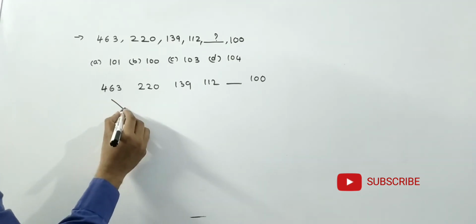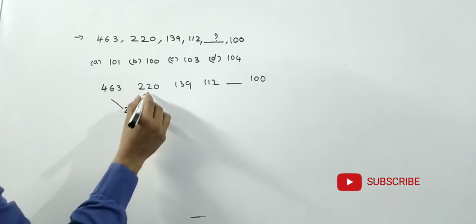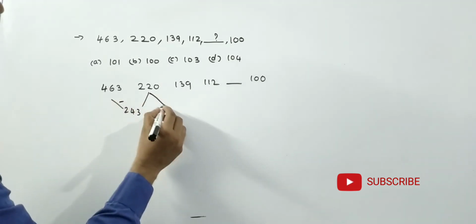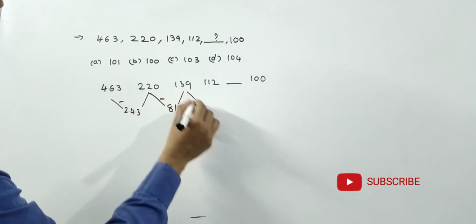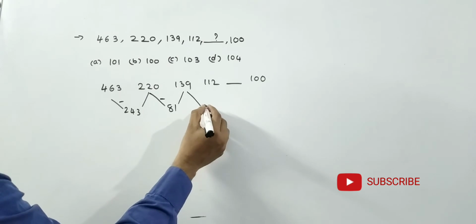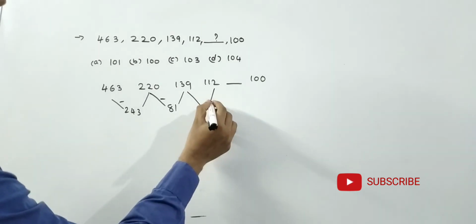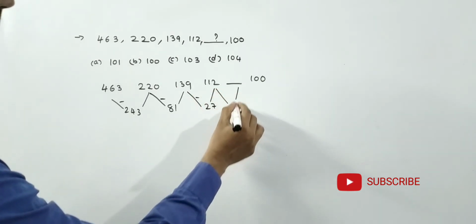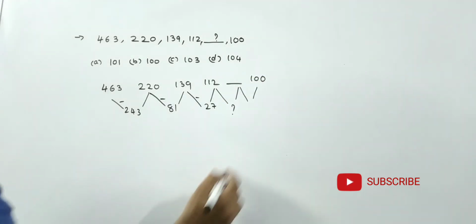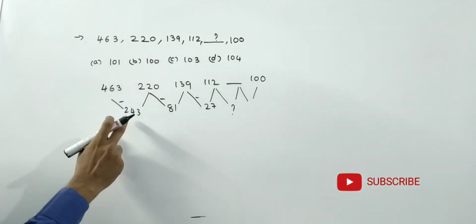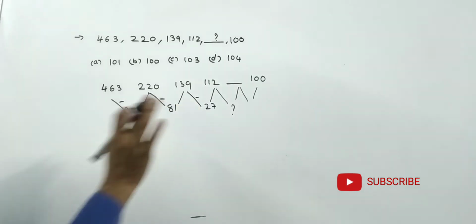See friends, here what is the difference? 243 minus, here what is the difference? 81 minus, here what is the difference? 27 minus, then this difference should be what? Then again both should be equal. See friends, 243, 81, 27.